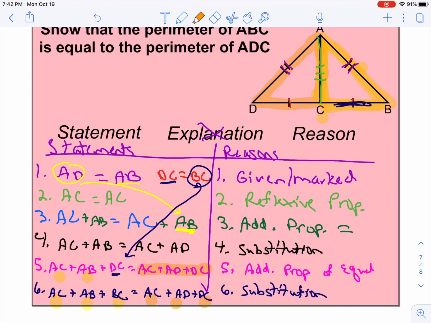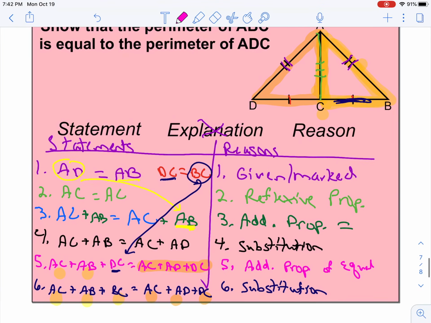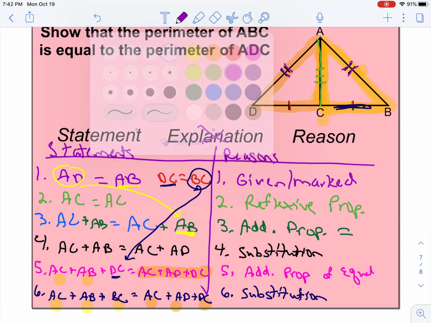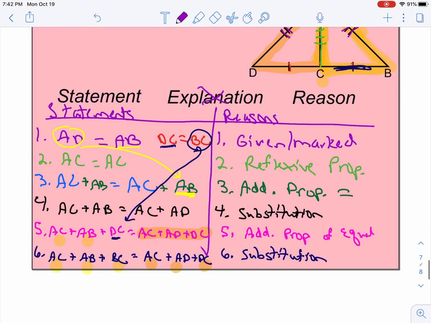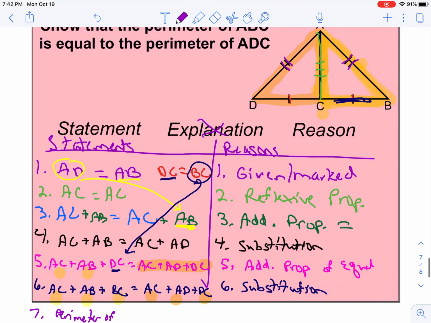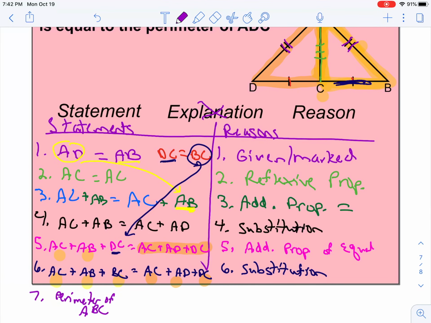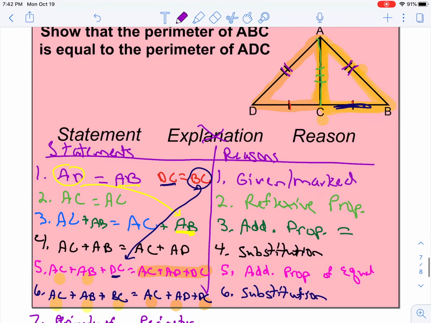And so now I really can, in obvious fashion, or maybe we could use more steps if you feel it necessary, say now that the perimeter of ABC is equal to the perimeter of ADC.